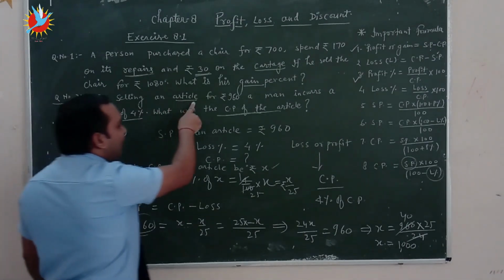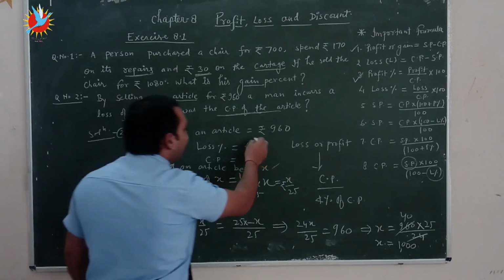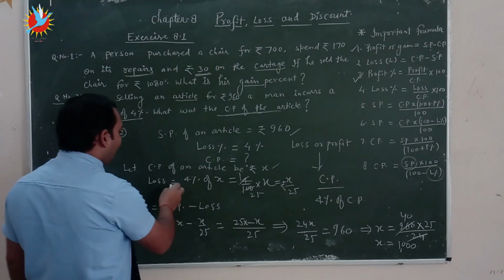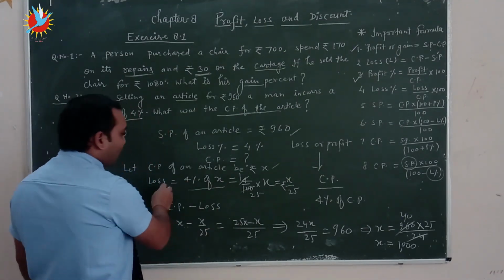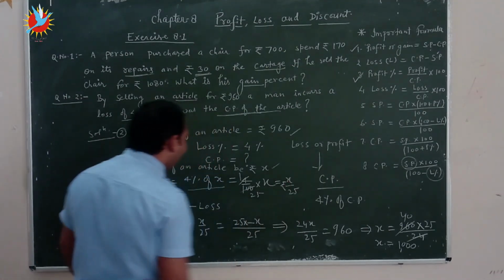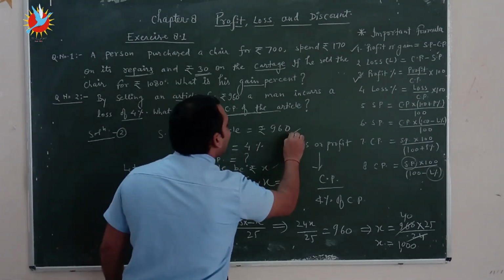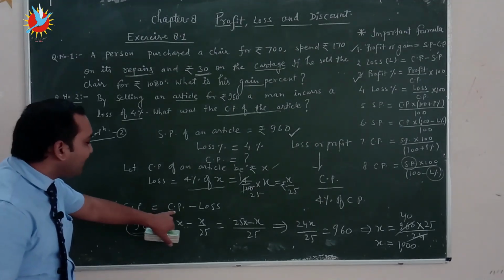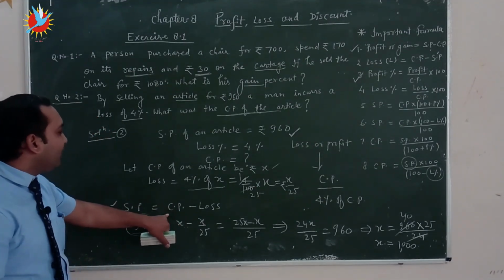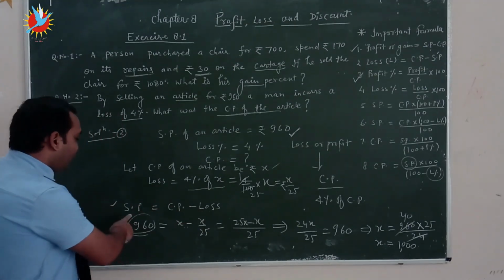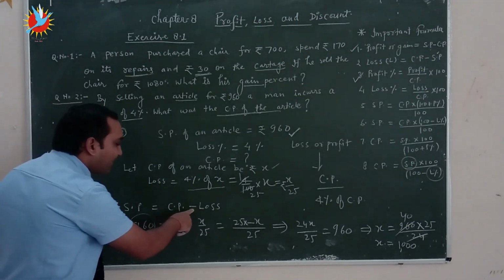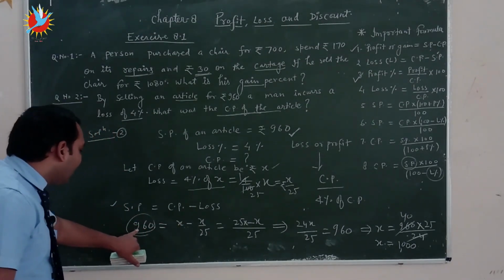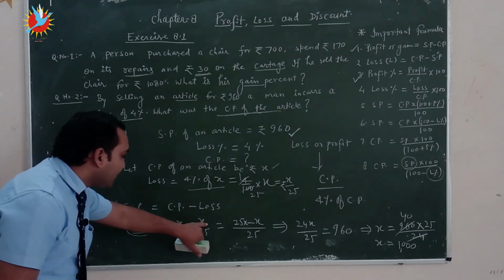By selling an article for rupees 960, selling price is given, loss percent is given 4%, which is 4% of the CP. We calculate the loss as X upon 25, and since selling price is given, we use the formula selling price is equal to CP minus loss. If there is profit, then we use the formula SP is equal to CP plus profit. So 960 is equal to X minus X upon 25.